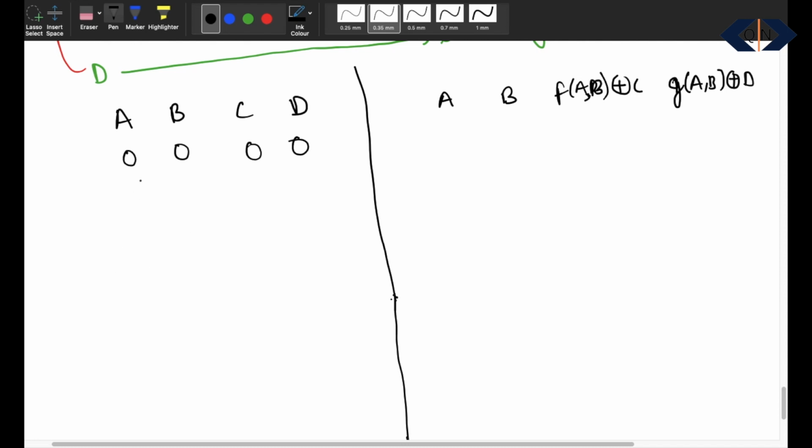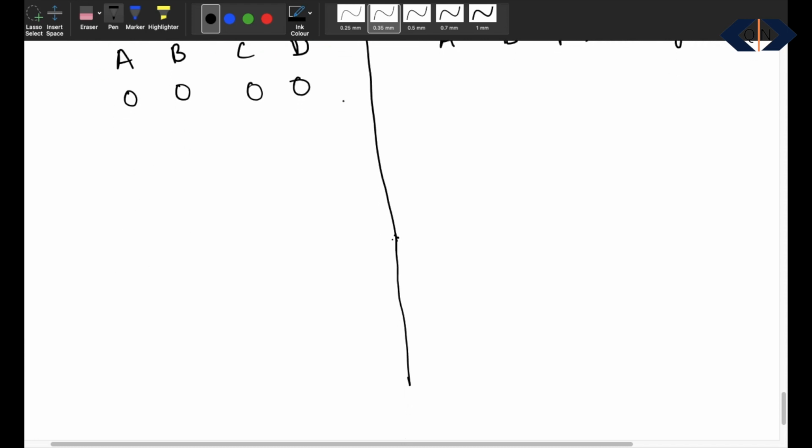There will be 16 combinations, right? Because we are having 4 inputs and we know that we will be utilizing 2 to the power 4.